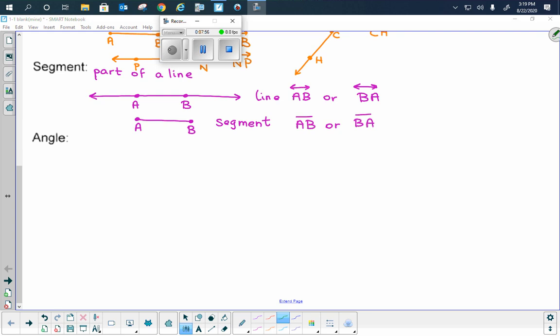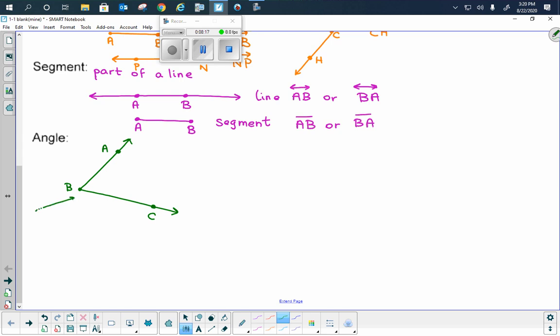So let's go with basic. Let's just draw one angle in this picture. All right. And so first thing to know, let's put some points on here for communication. Let's put point A, point B, point C. Now the thing to know about an angle is that an angle always has a vertex.